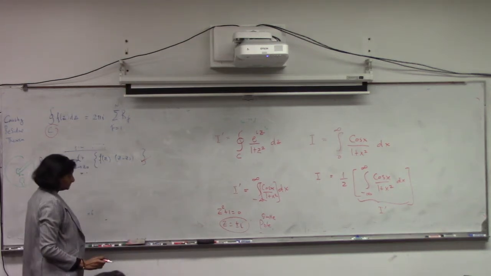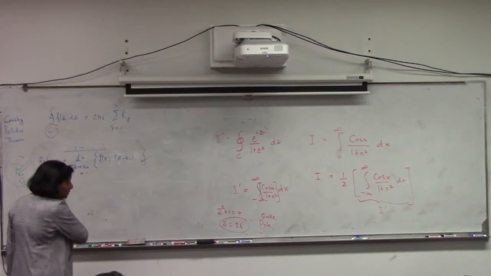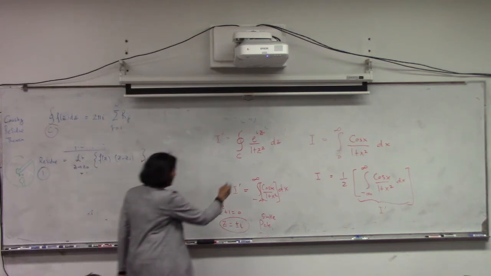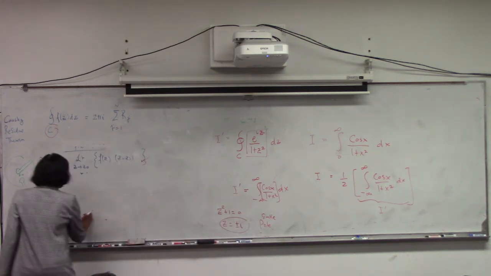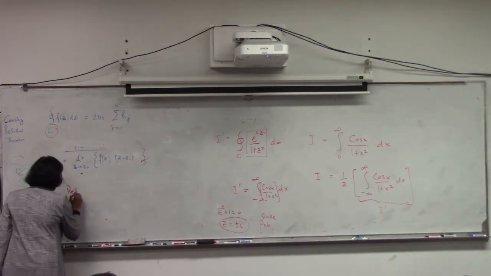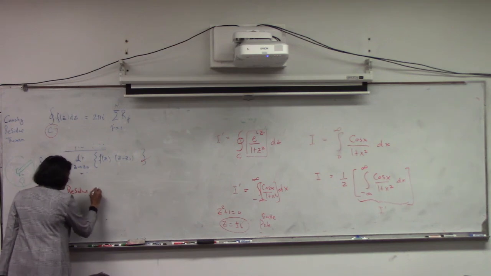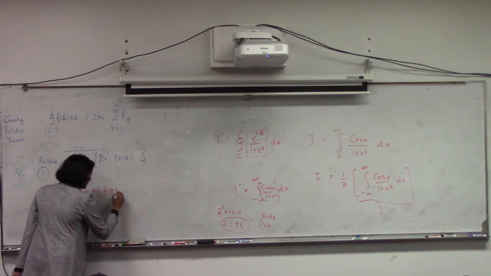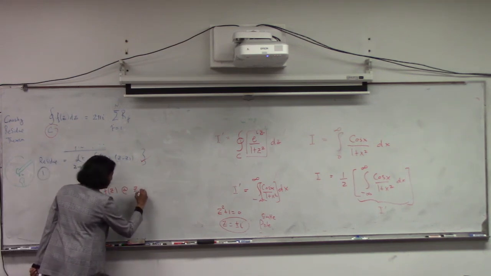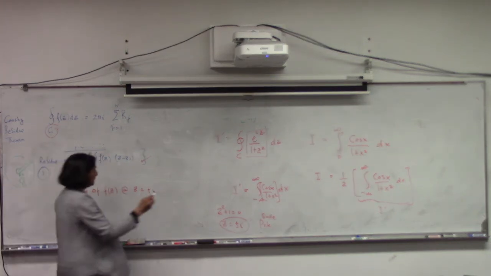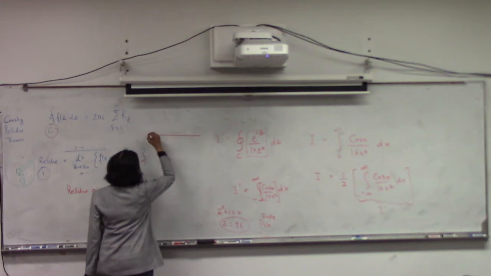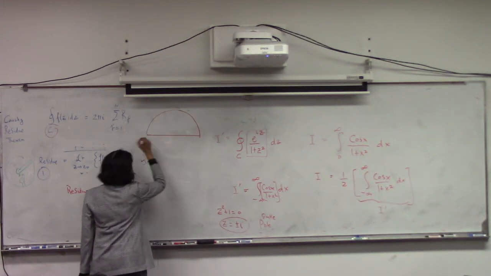Alright. So what's the residue of this function, if this is my integrand, what is the residue of my function at z equal to plus i? I'm also going to choose a semicircle in the upper half plane because I need to go from minus infinity to plus infinity, right?